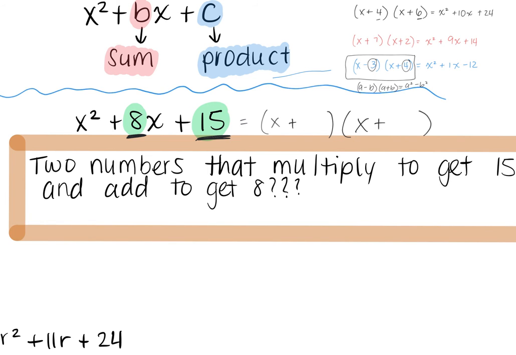I want you to write them down on your paper. Alan, what'd you get? 3 and 5. Very good. So this factors to x plus 3, x plus 5.